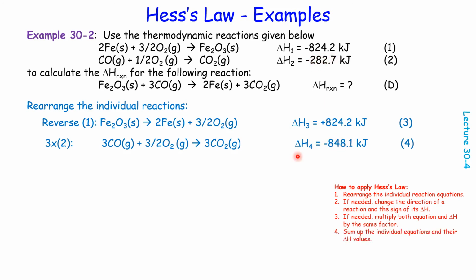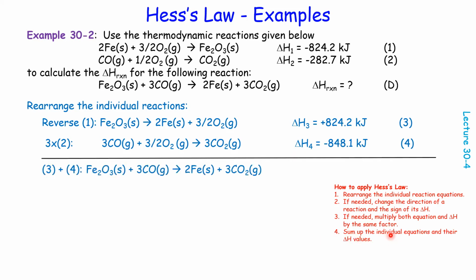Now we are ready to sum up the individual equations by canceling the spectator species. Then we obtain the desired reaction, the one with the unknown delta H value.